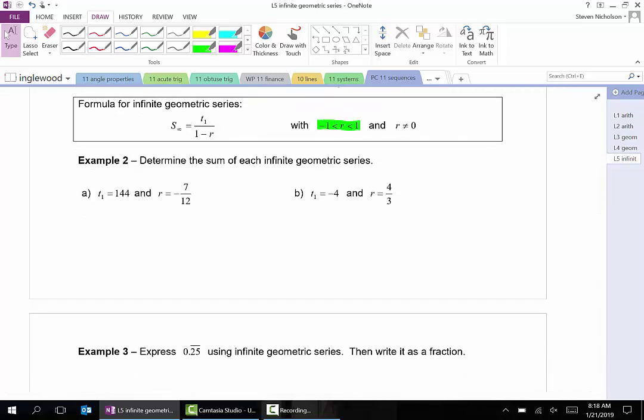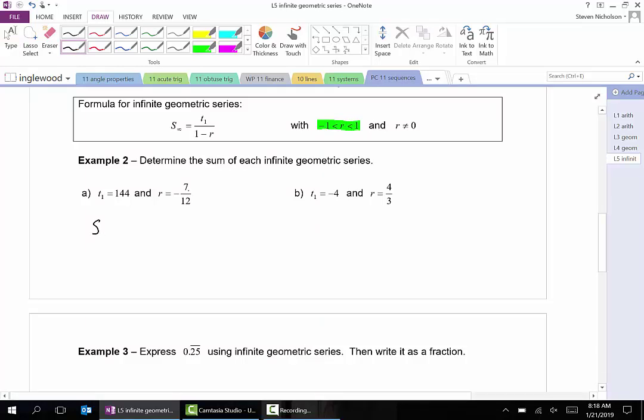Here's a couple of examples where we want to figure out the infinite geometric series, adding an infinite amount of numbers, and we're going to plug into our formula and see what we get.